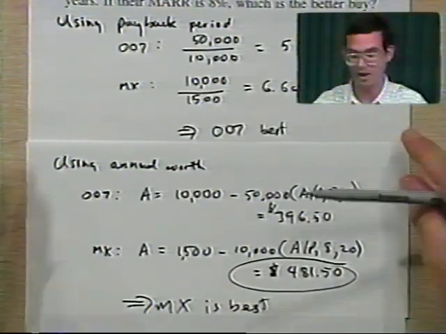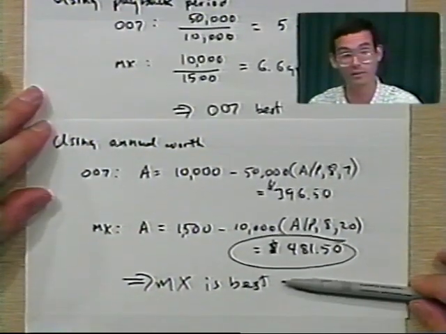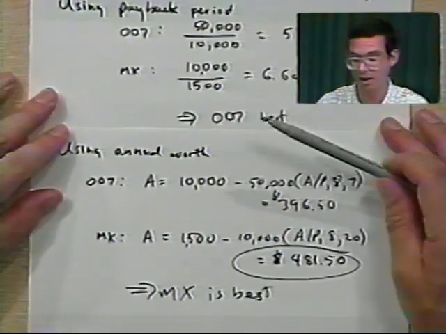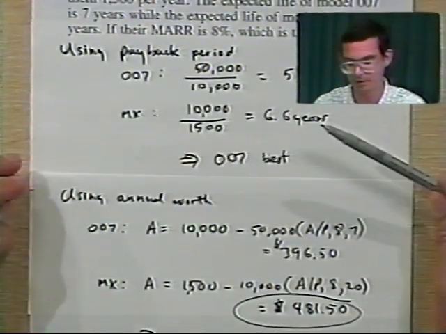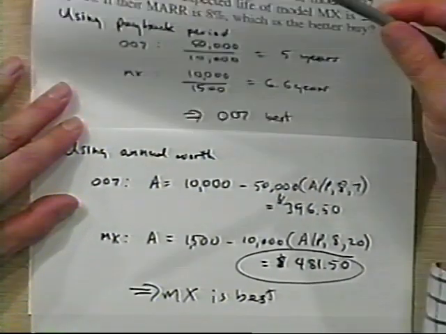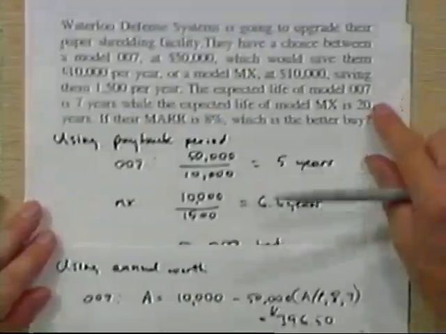Now, the annual worth comparison method is, in a sense, more correct because you're properly discounting these future payments. And the payback period is not. But in this case, the difference is not due to the discounting so much as the extra life of the MX. Now let's look at this closely.